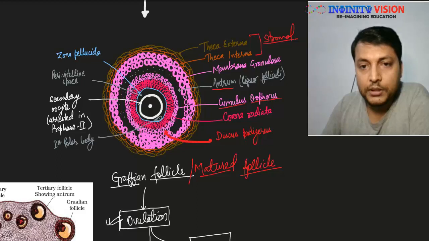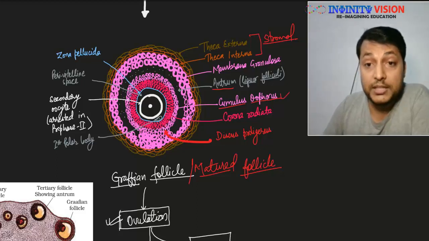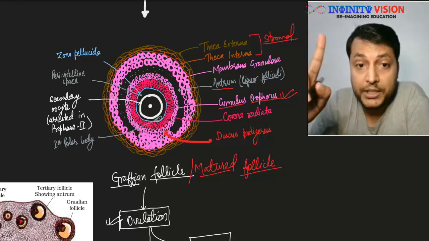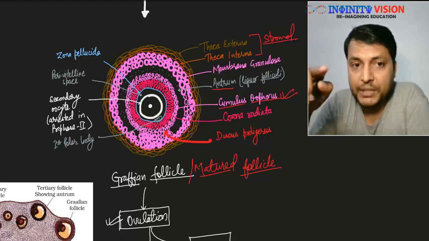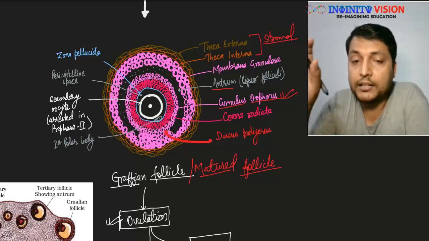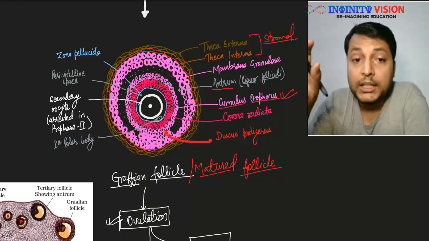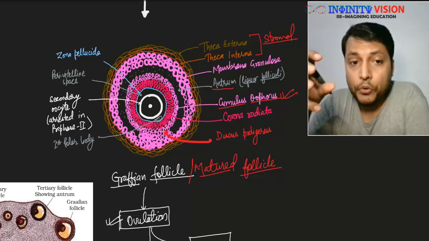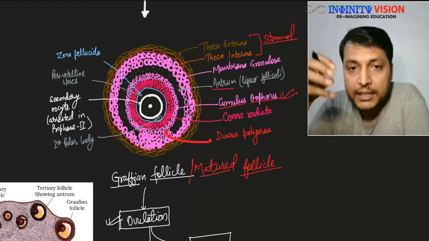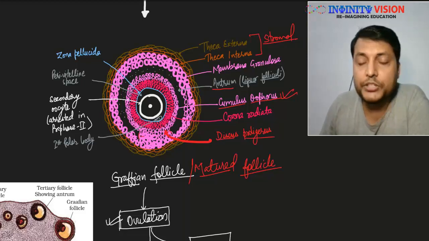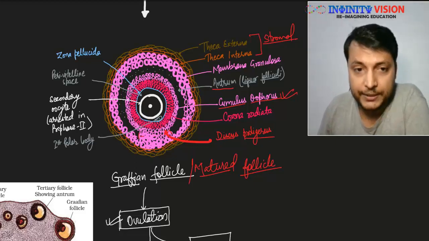Remember, it is important. It is called cumulus oophorus, and these small pink cells that I have drawn are the cells of cumulus oophorus. Now this cumulus oophorus is still connected with the membrana granulosa. Can you see here? With this part, which is known as discus proligerus, or simply discus.